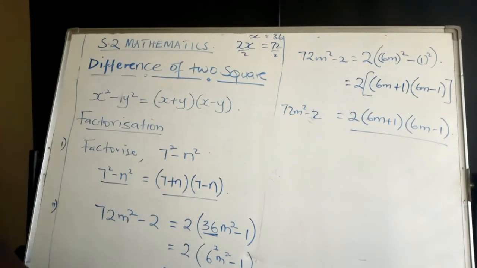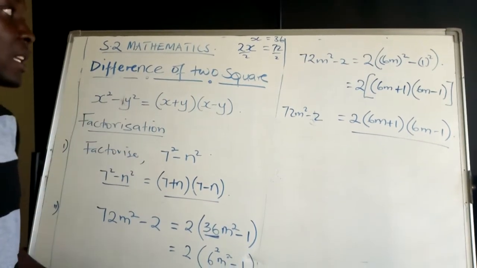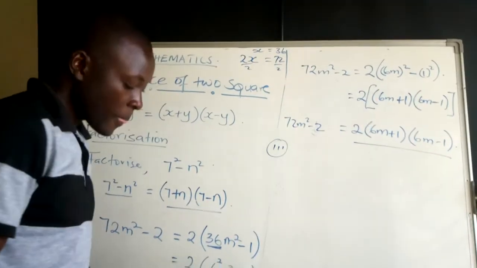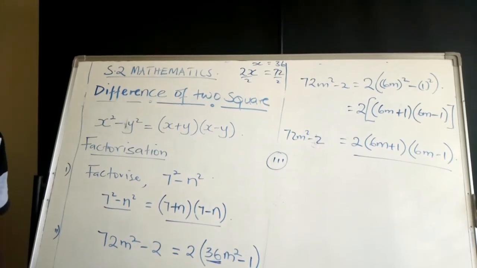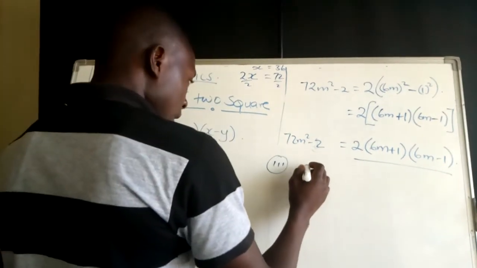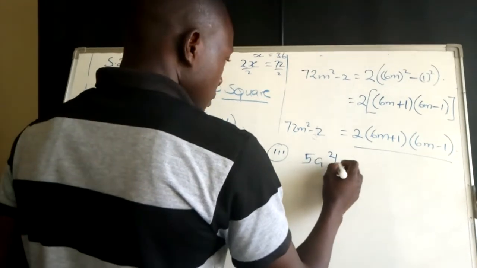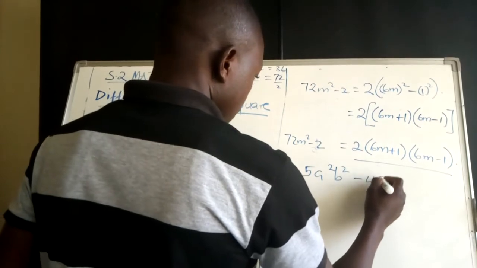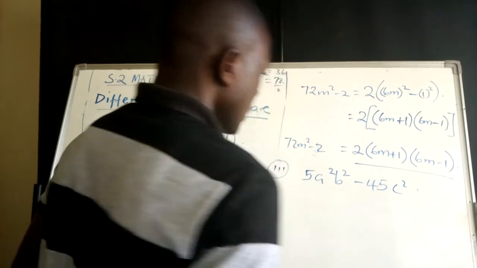I'm going to do one more example to deal with how we use the identity to factorize. Say the third example. If the question says factorize, and the question is we are factorizing 5 a squared b squared minus 45 c squared.